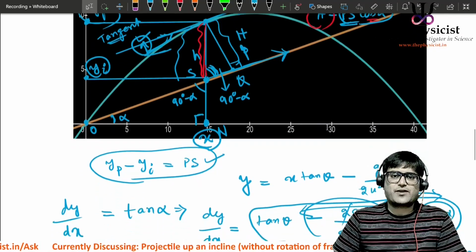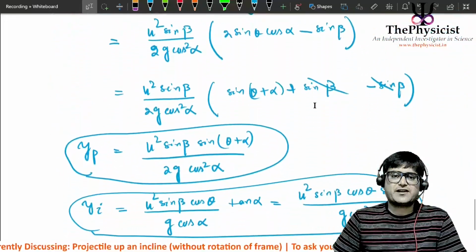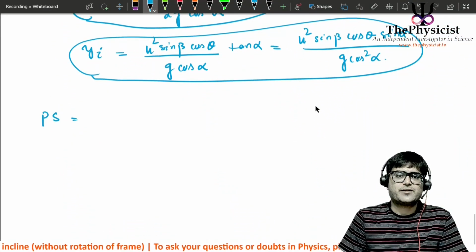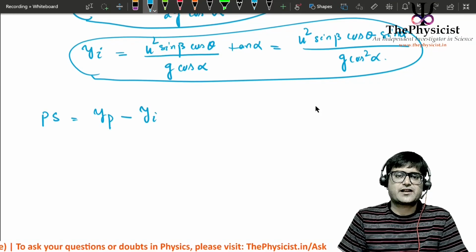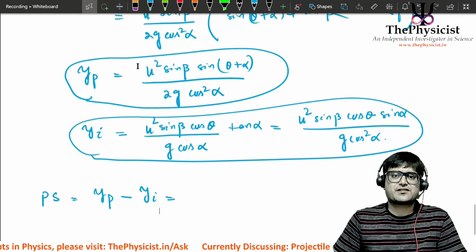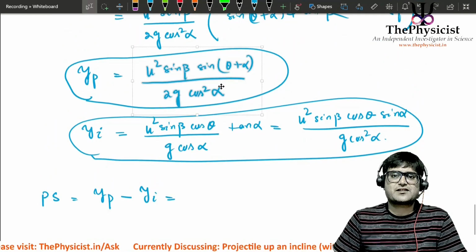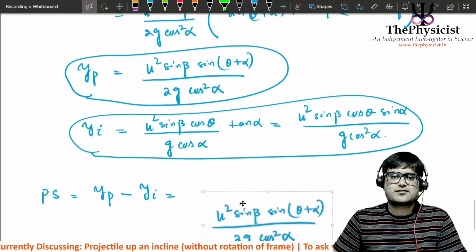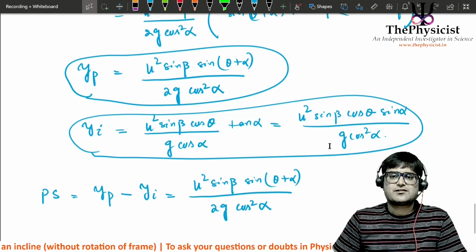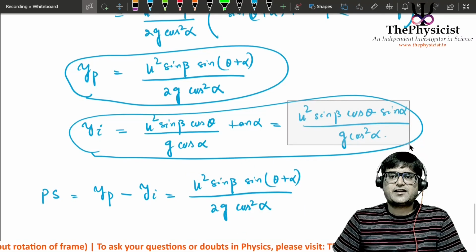So let's proceed. PS will be yp minus yi. So PS will be yp on the parabola minus y on the incline. Just write down this expression minus this expression right here.